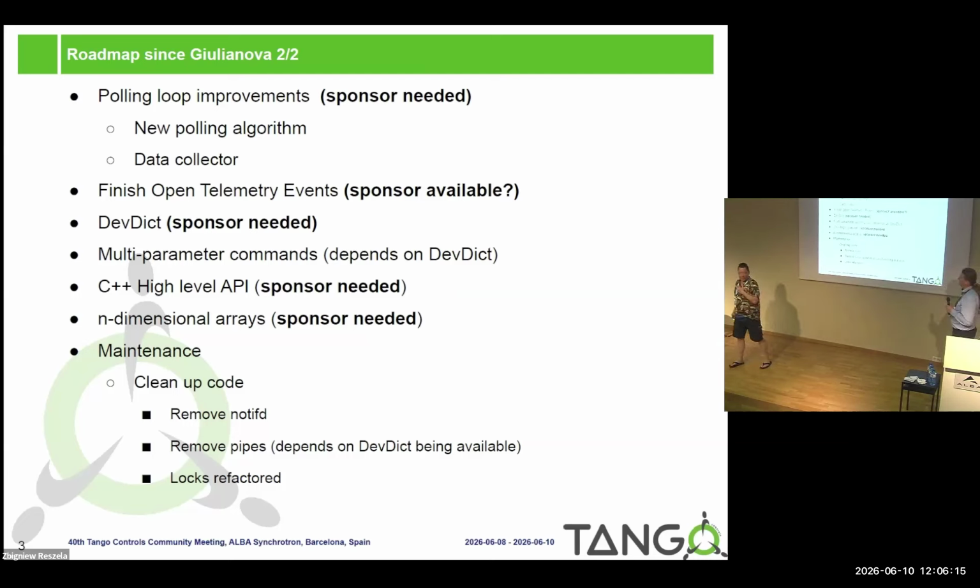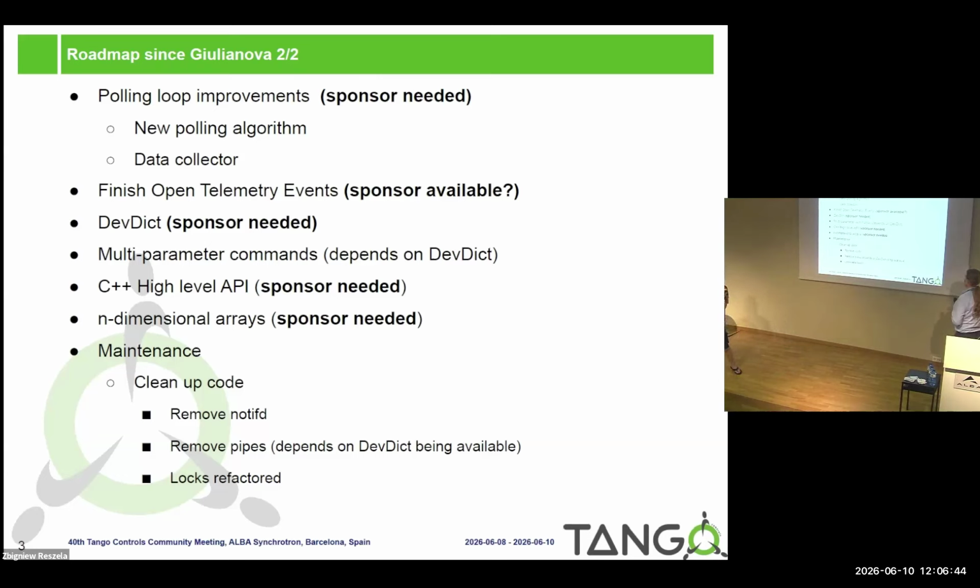DevDict, my favorite thing, agreed at the IDL V6 meeting here in Barcelona. Why can't we have multiple parameters in a command? It would come very handy. Or in an array. We asked how to encapsulate that without blowing everything up, and came up with the idea of a new Tango type called the DevDict.